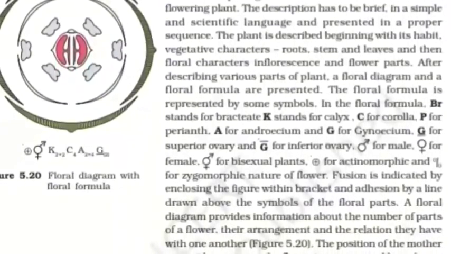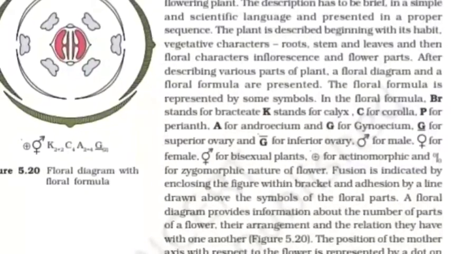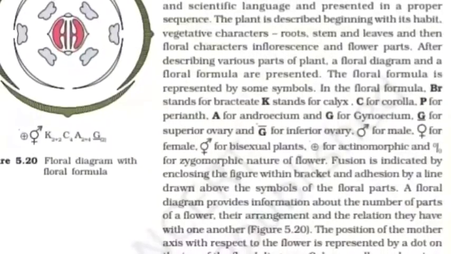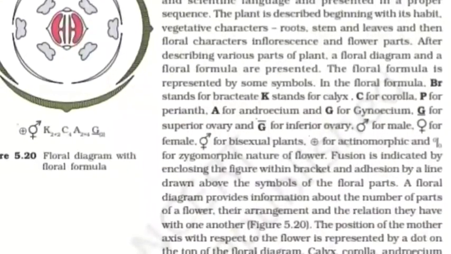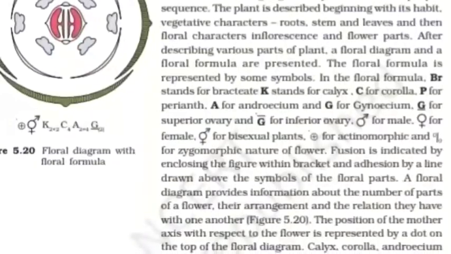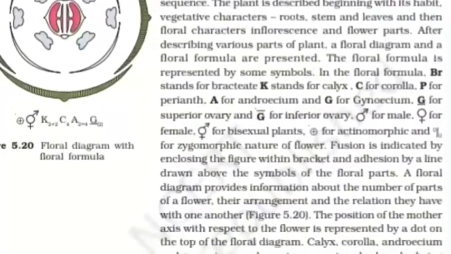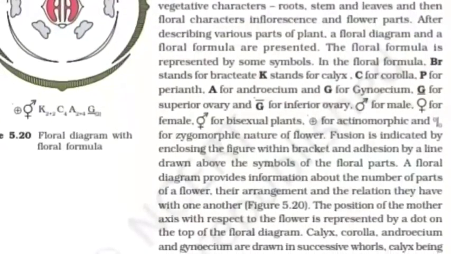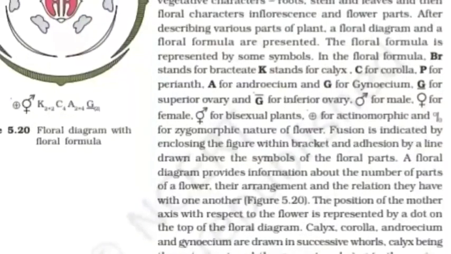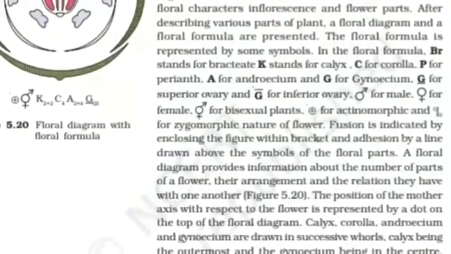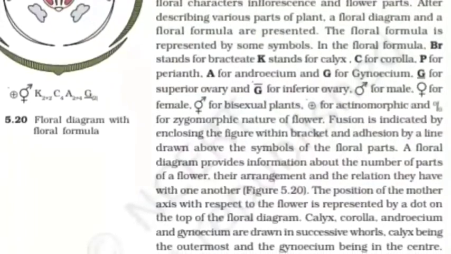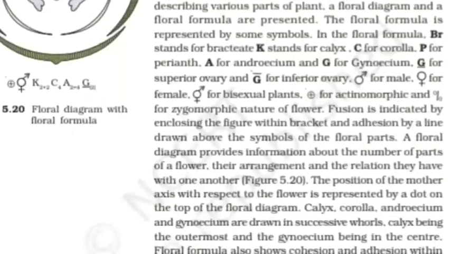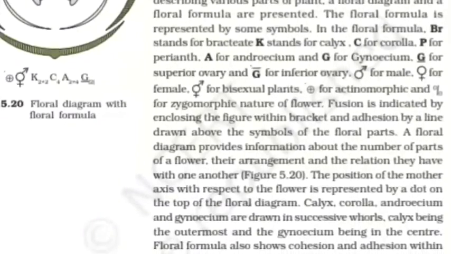The floral formula is represented by some symbols. Br stands for bracteate, K stands for calyx, C stands for corolla, P stands for perianth, A stands for androecium, G stands for gynoecium, G underscore for superior ovary and G with a bar above for inferior ovary.